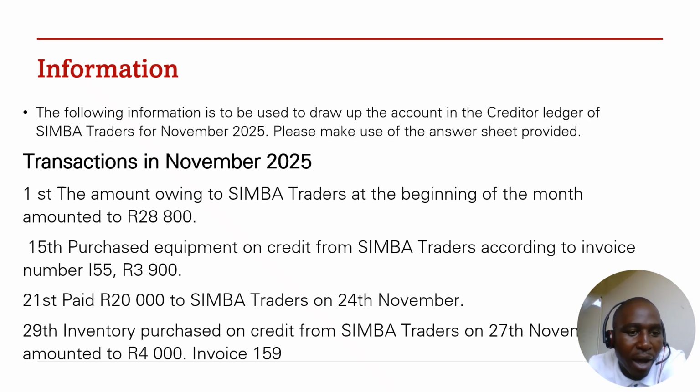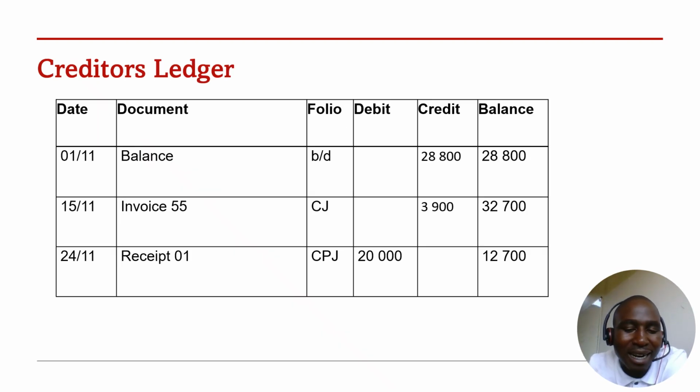Now let's go to transaction number 3. That says we've paid 20,000 to Simba Traders in November. Now remember, you write the date the transaction occurred. The transaction occurred on the 24th of November, so you write your date as 24th of November. And now you write your receipt. Whenever you are paying, you always receive a receipt. So you write your receipt number 01, and then on folio you write CPJ.